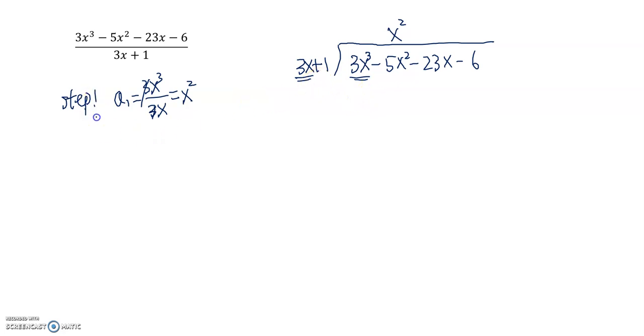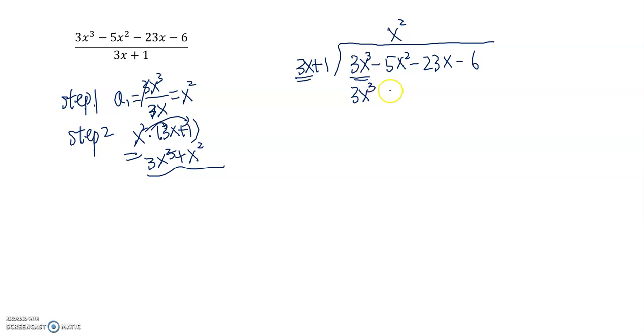After we found the quotient, we're going to multiply the quotient and the divisor. So we multiply x squared and 3x plus 1. By distribution, that's 3x cubed plus x squared. So we put this and line up with the x cubed terms and x squared terms. That's our second step, multiply the quotient and the divisor.